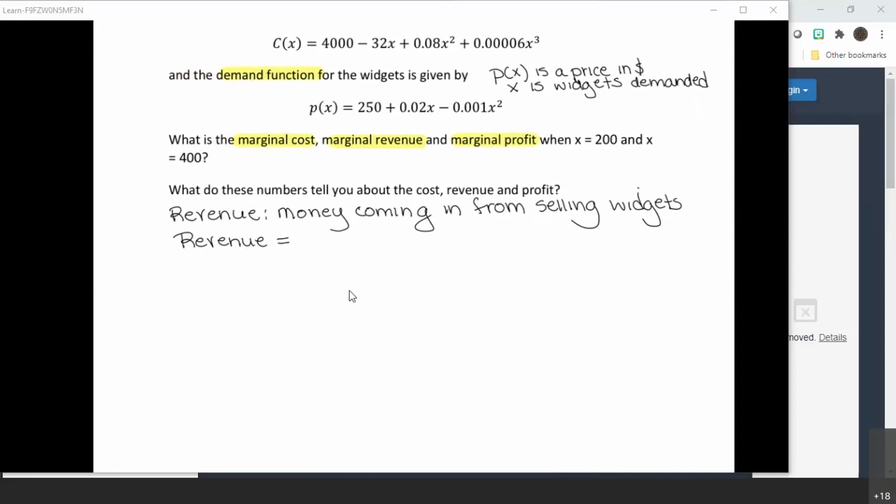Well, how about a thought experiment? Imagine we're selling bananas, and let's say bananas are 10 cents a piece. And let's say I sell 8 bananas. What's my revenue? Okay, they're 10 cents a piece.